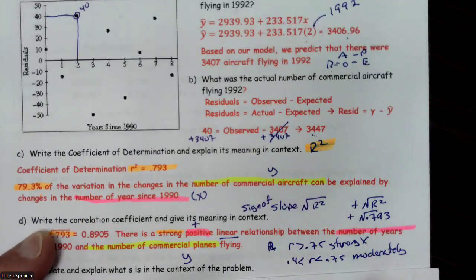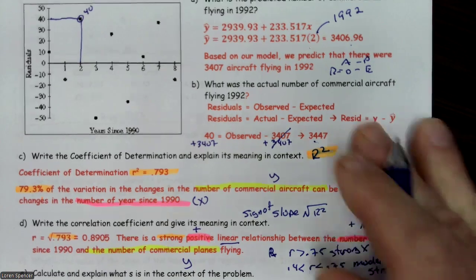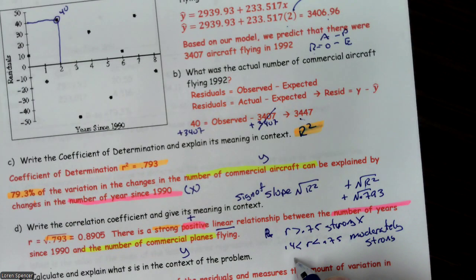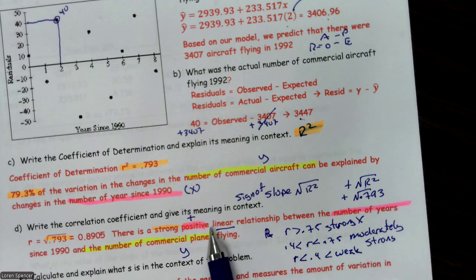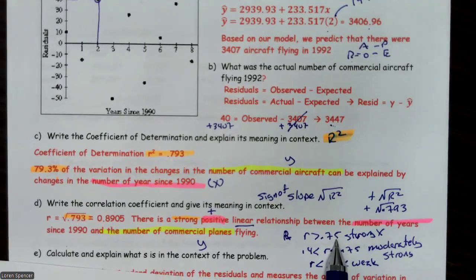Moderately strong. And finally, if R is less than 0.4, it's weak. Okay, and so ours, we have an 89, that's definitely greater than 75, so this is definitely strong.